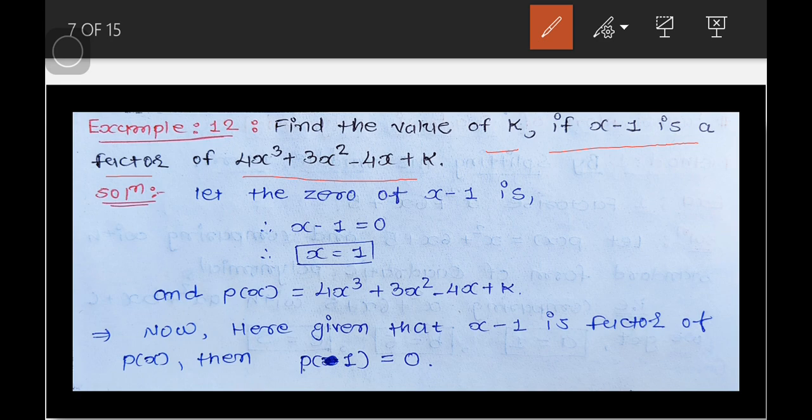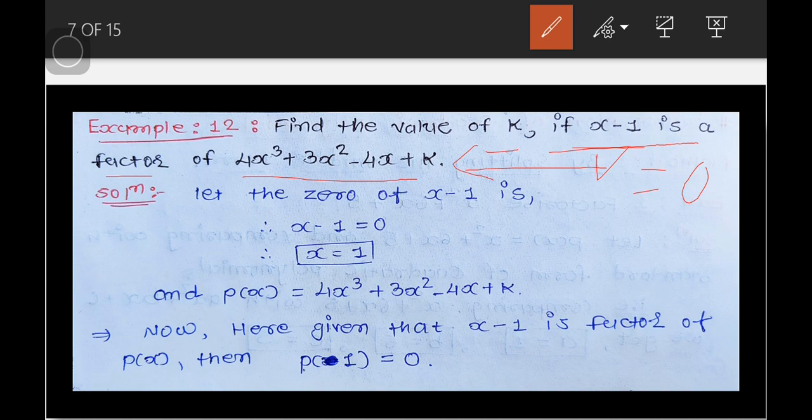Here it is given that x - 1 is a factor of 4x³ + 3x² - 4x + k. So we know that if we find the zero of x - 1 and put the value in the given polynomial and it makes it equal to 0, then we can say that the given linear polynomial is a factor.